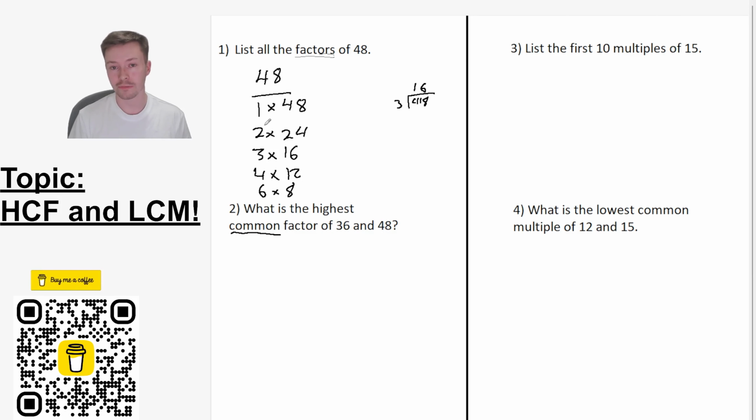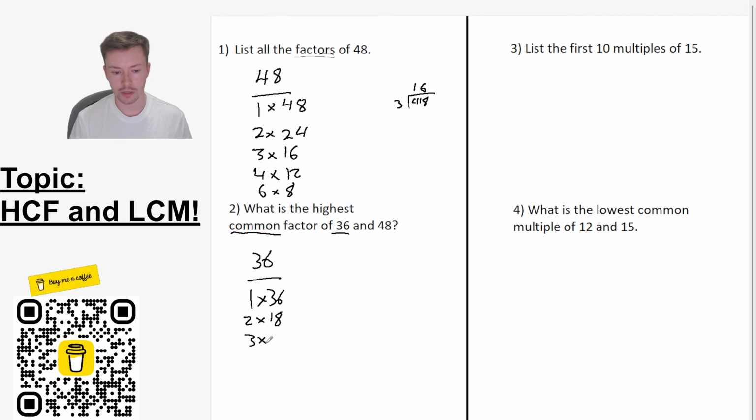Now, we've got the factors of 48. So what I want to do is work out the factors of 36. So, 36. We're going to do this in the same way. I'll do it a little bit quicker this time, but same process. So, 1 times 36, and then 2 times 18.